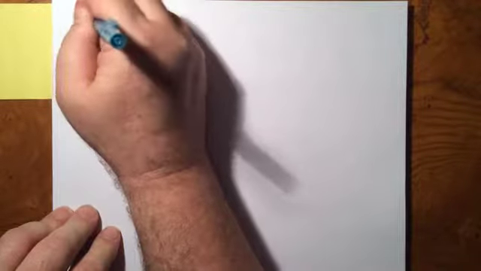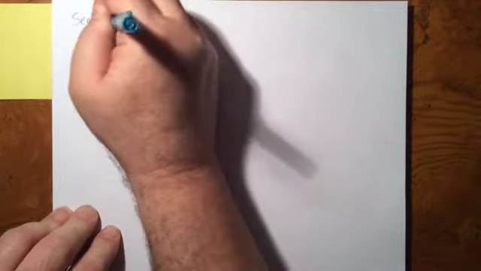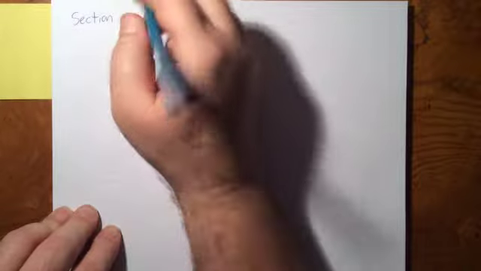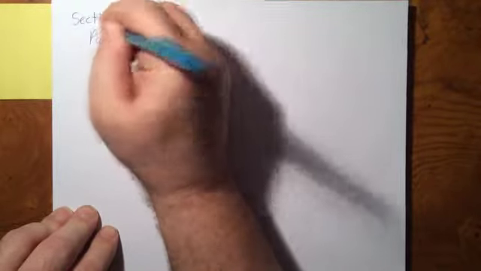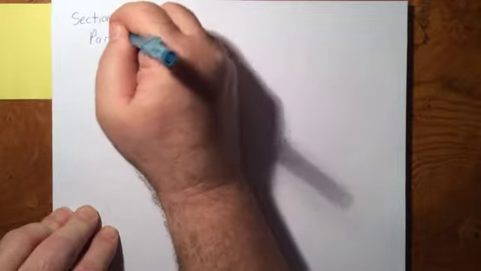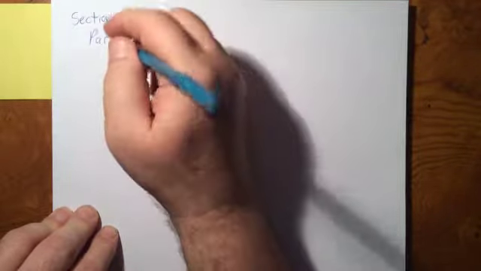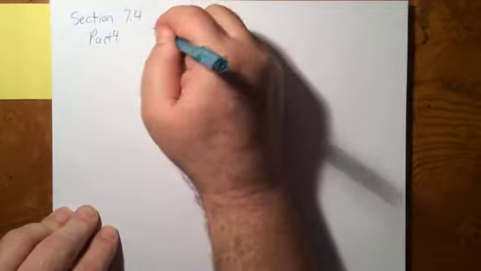Okay, we are in part 4 of section 7.4, where we are looking at how to add and subtract rational expressions. This is going to be type 3.